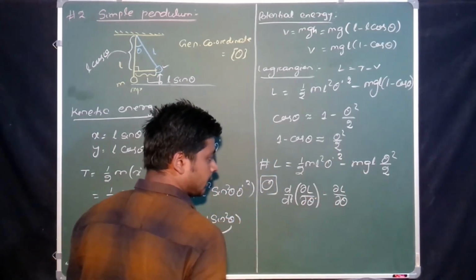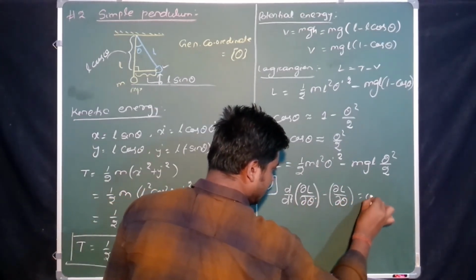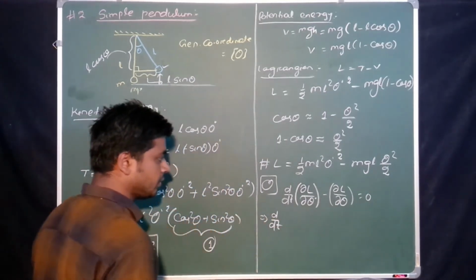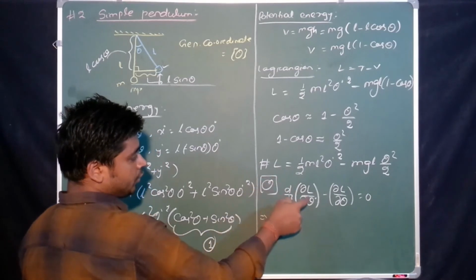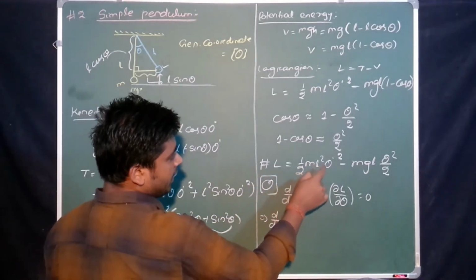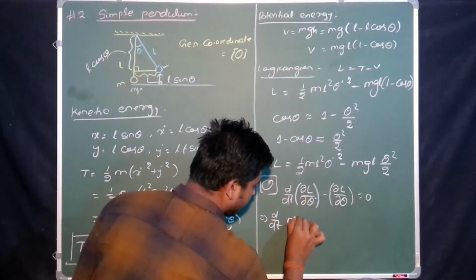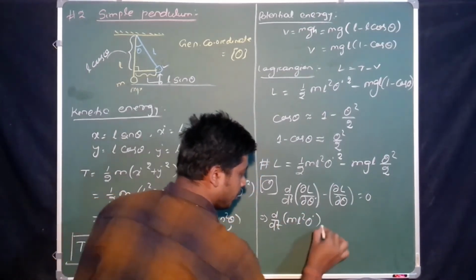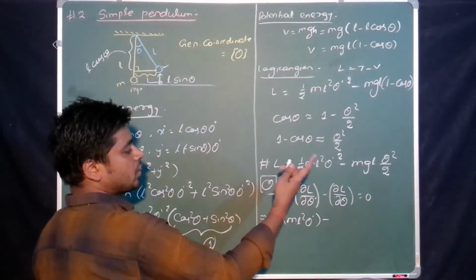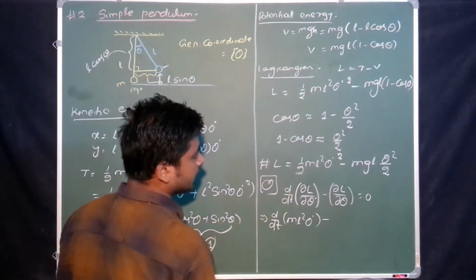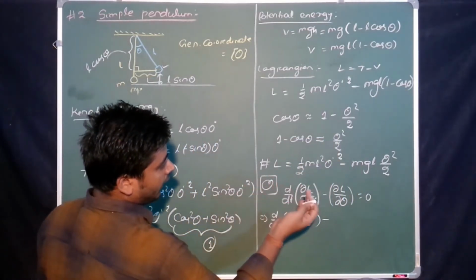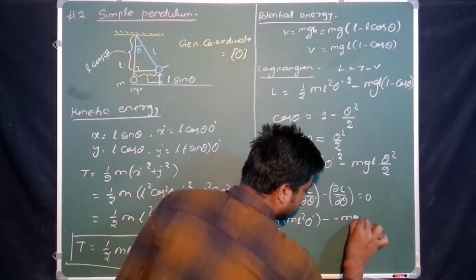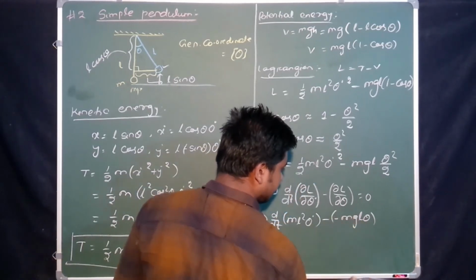Differentiate this Lagrangian with respect to theta dot, we get m L square theta dot. Yes or no? d by dt of m L square theta dot minus, differentiate this Lagrangian with respect to theta, what you got here? mgL theta. Yes or no? Minus mgL theta is equal to 0.